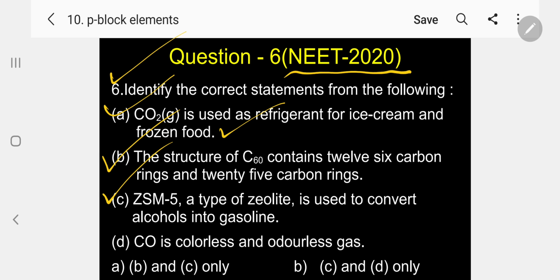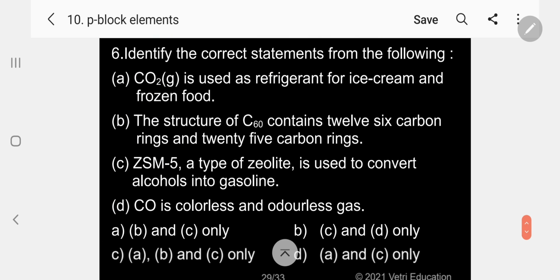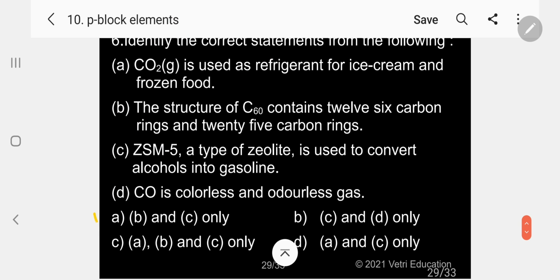C. ZSM-5, a type of zeolite, is used to convert alcohol into gasoline. D. Carbon monoxide is a colorless and odorless gas. The options are: A, B and C only; B, C and D only; A, B and C only; A, C and D only.